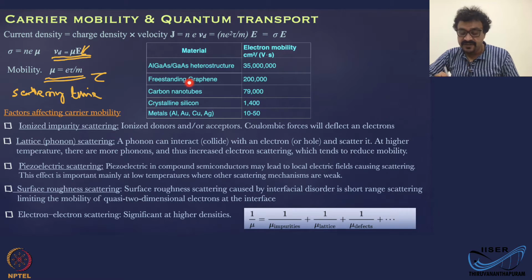Whereas graphene, which is the later generation, a perfectly two-dimensional material system, is also pretty close, at 200,000. The units are centimeter square per volt second. When you come to normal semiconducting materials such as silicon, it is pretty low, and for metals it's even lower.